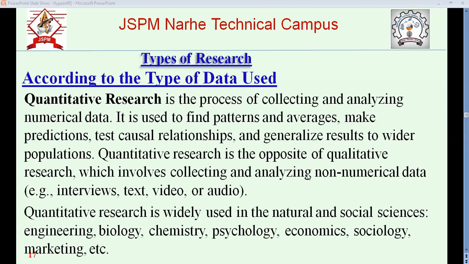I will not say that you cannot use qualitative analysis for science and engineering or marketing, but we can use qualitative analysis along with quantitative analysis to further improve the understanding. I will give an example. Suppose you take the example of class marks.